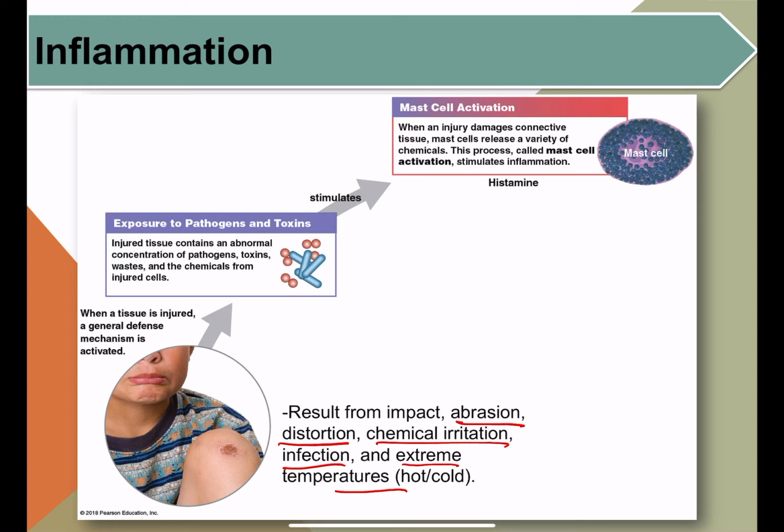Mast cells are one of the first to act in cases where there's potential infection. Mast cells will release histamine to stimulate the process of inflammation.